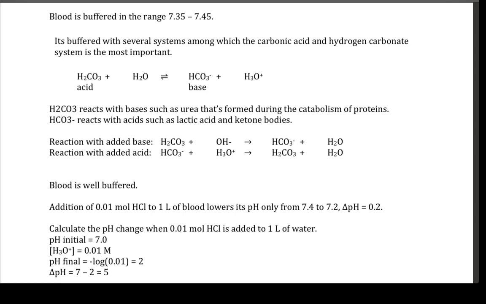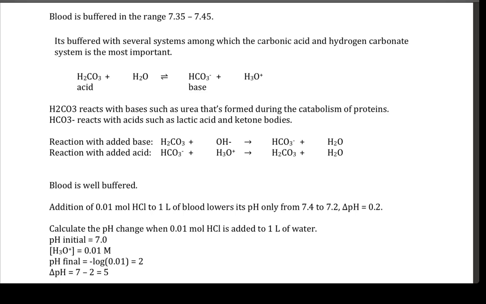The H2CO3 reacts with any added bases, such as urea, that is formed during the catabolism of proteins, and the HCO3 minus reacts with any added acids, such as lactic acid or ketone bodies.